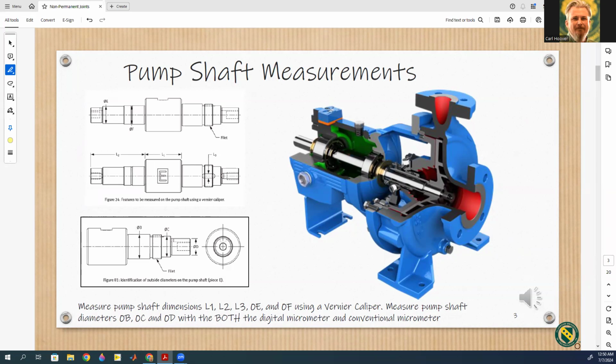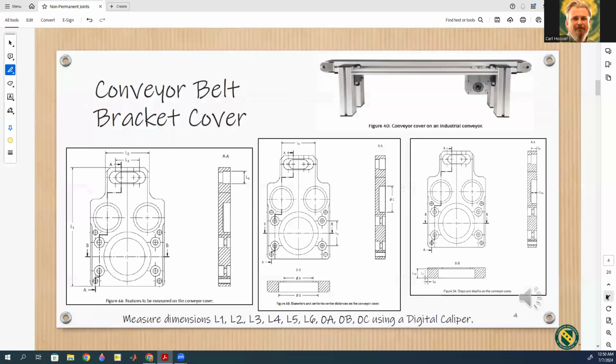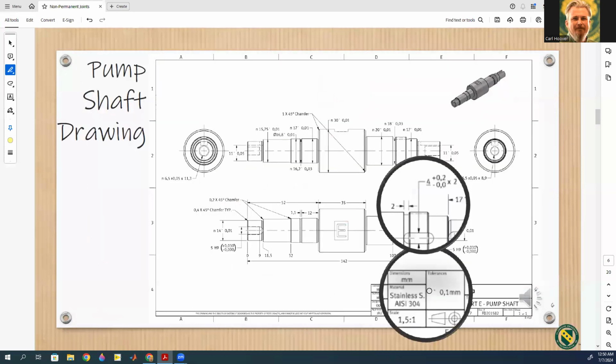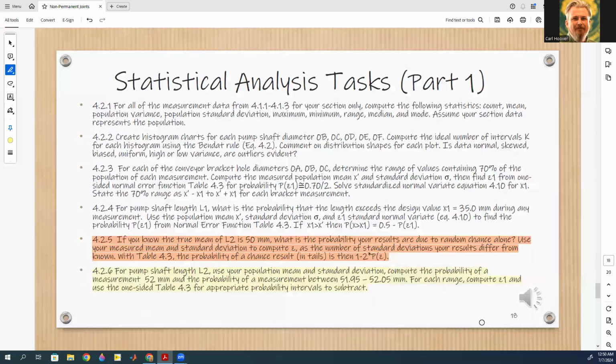And if we look at the geometry, we do expect for that to be 52, according to the drawing. So what's the probability of our measurement being at least 52? And then what's the probability of it being 52 plus or minus some range? I think it was 0.05 that we're asking for here, 51.95 and 52.05. So we'll go back to the data.